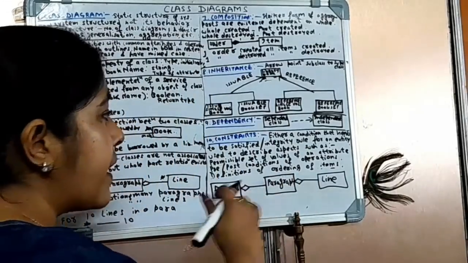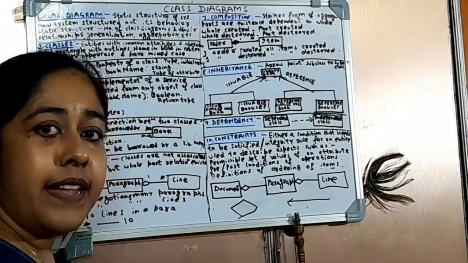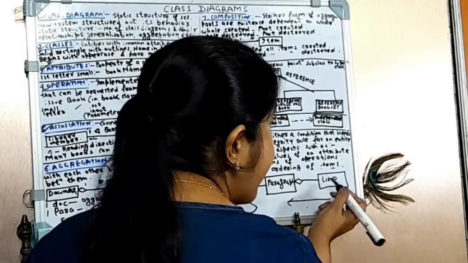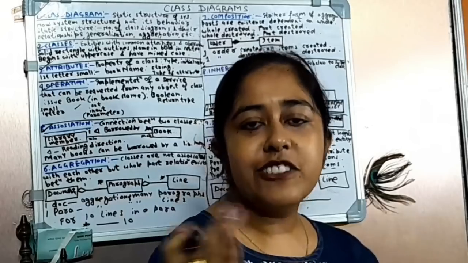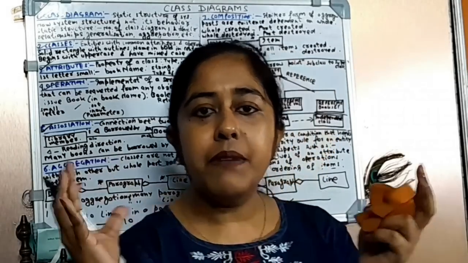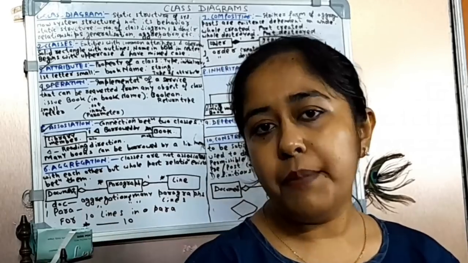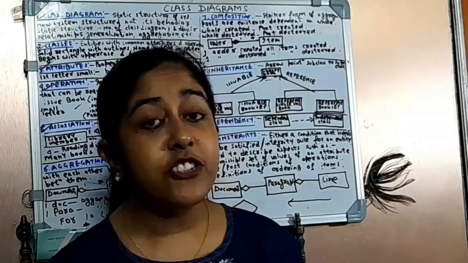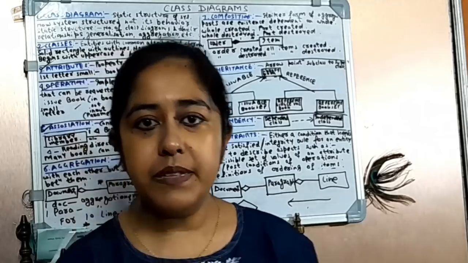So my reading sequence will be like this. Now I have to write lines here again. Now what are paragraphs? Paragraphs are aggregations of some lines. When I merge some lines, I get a paragraph. When I merge some paragraphs, I get a particular document. So I have to show this relationship with the help of symbols, right?